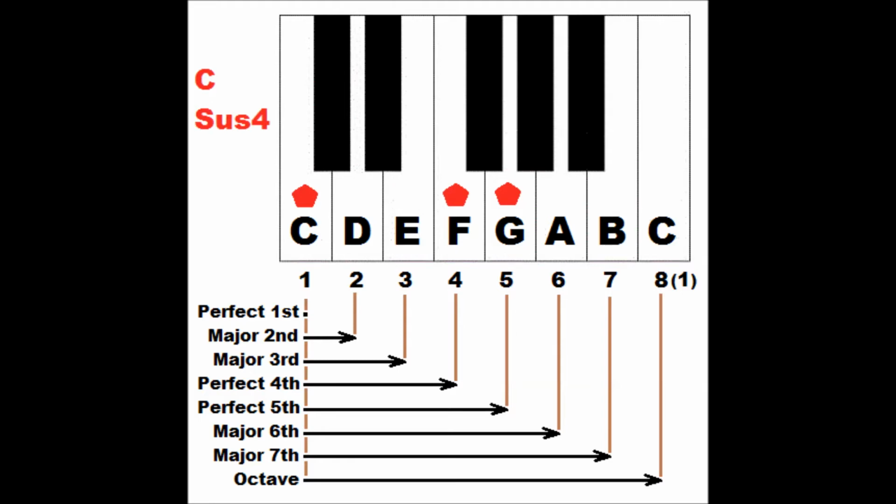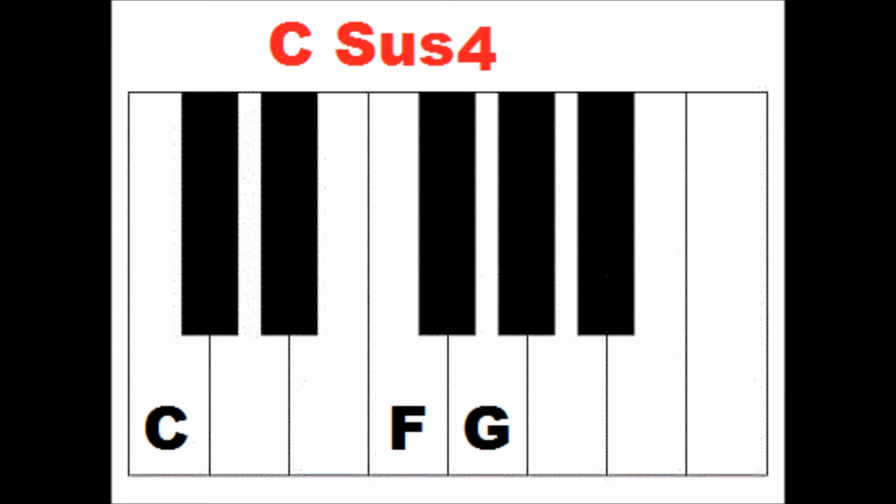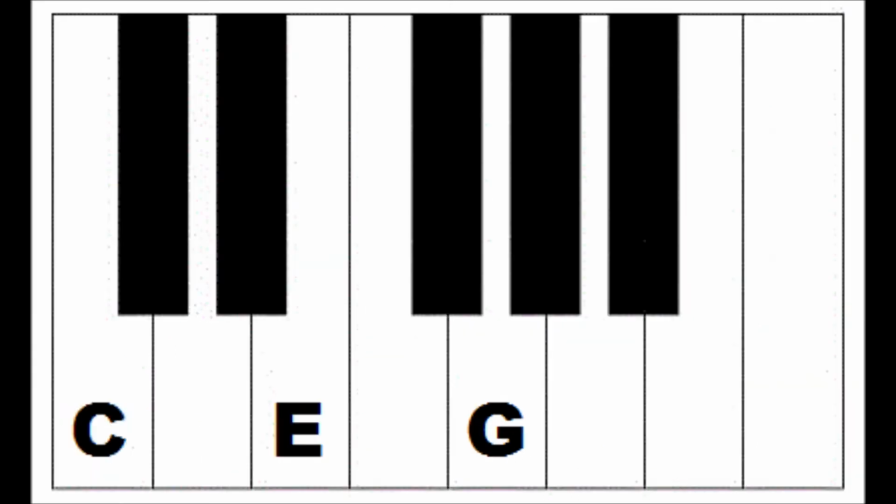The notes of the C Sus4 chord are C, F, and G. In other words, replace E with F. Replace the major third with a perfect fourth.